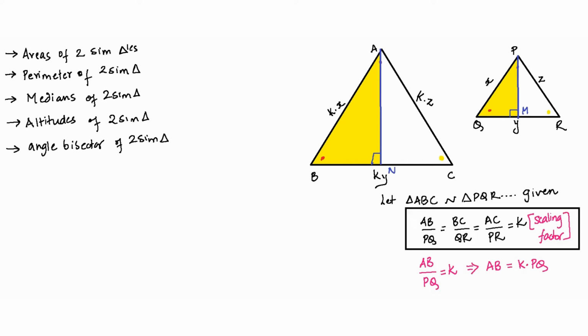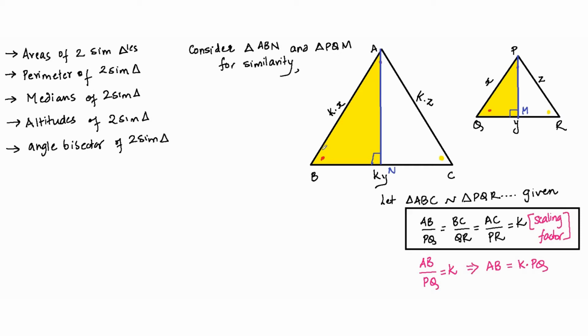So now let us consider triangle ABN and triangle PQM for similarity. Let us see if they are similar to each other.